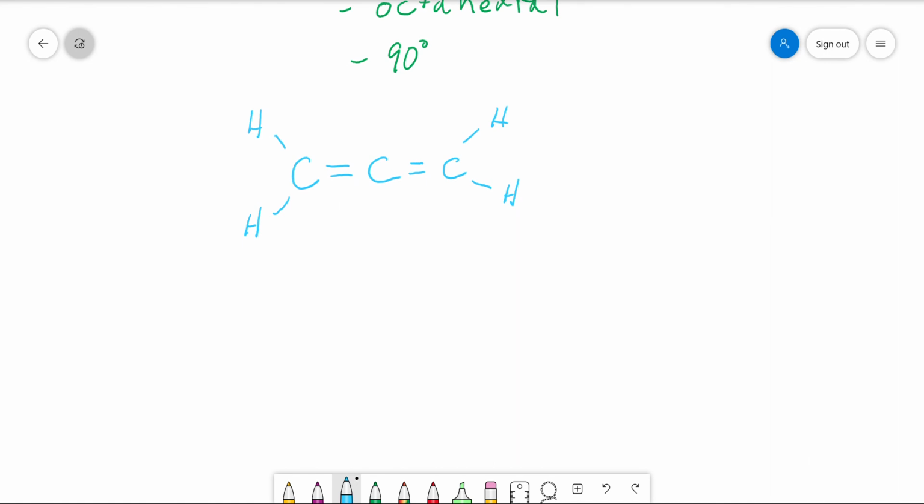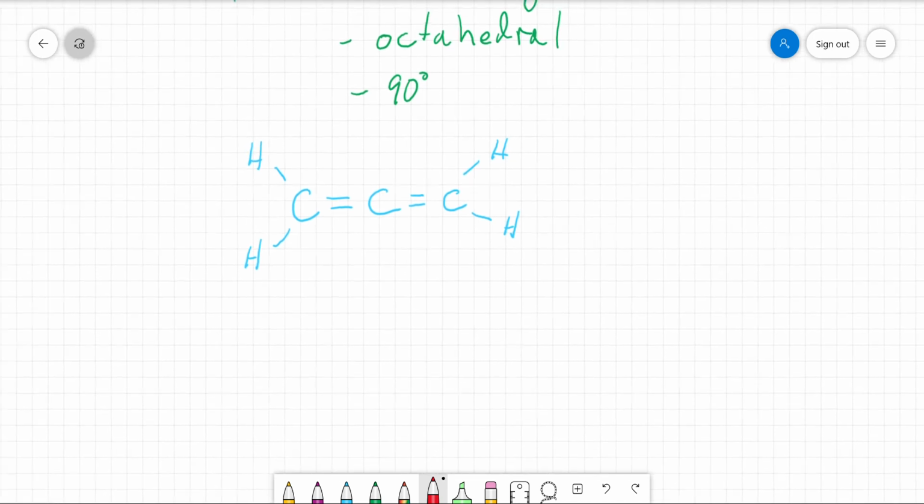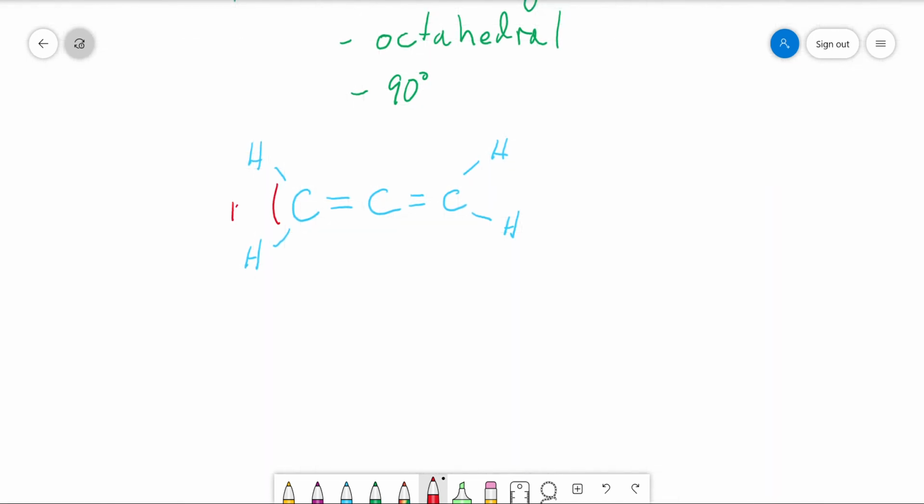Okay, let's talk about the carbon on the left. We know it has a bond angle of, anyone? 120 degrees, because there's three things. It's trigonal planar. And how do we know that?